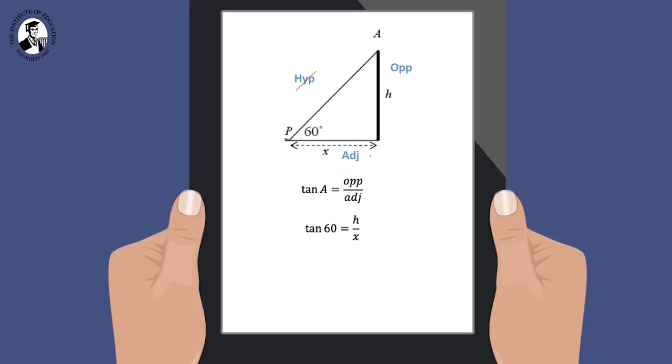Tan 60 is equal to h over x. I want h on its own. The x is dividing into the h on the right hand side, which means x will multiply on the left hand side, giving me x multiplied by tan 60 is equal to h. A little bit of calculator work tells me that the tan of 60 is equal to the square root of 3, and just to reorganize, h is equal to root 3 x.